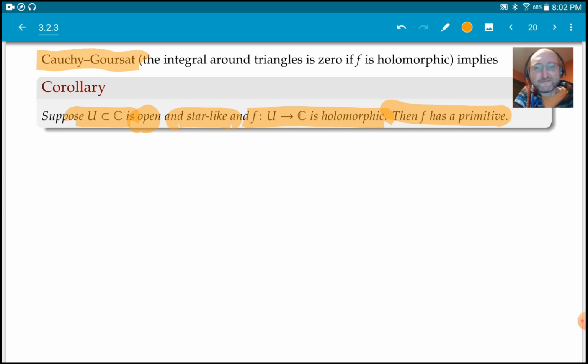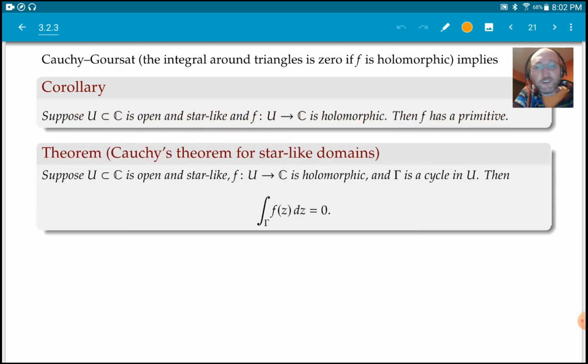So domain. For any star-like domain, any holomorphic function has a primitive. And you notice that this thing didn't have anything to do with integrals, right? So you proved something that suddenly doesn't have any path integrals in there.